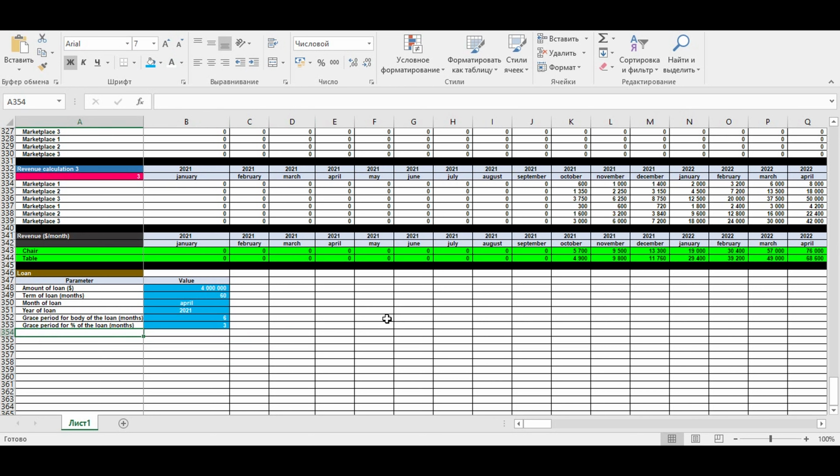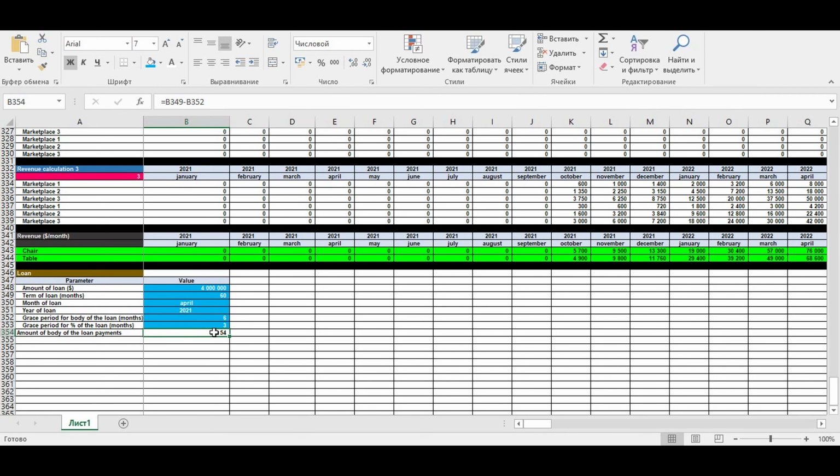Now we calculate the months when we pay the body of the loan. We take the loan term minus the grace period.